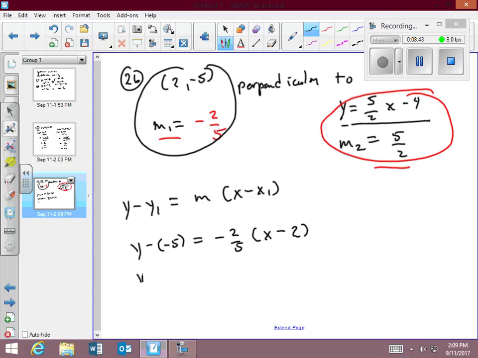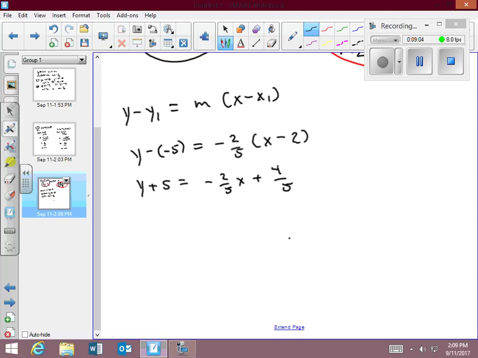So simplifying this, it's y plus 5 equals, I have to distribute that -2/5 through that, so it's -2/5 x plus 4/5. Is that right? Now, I got to get rid of that 5 on the side over here, right?